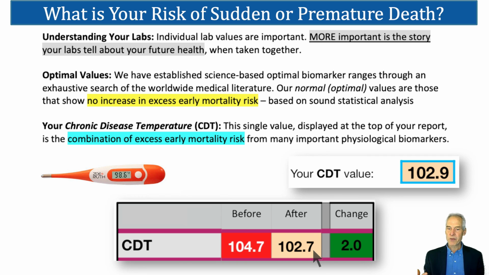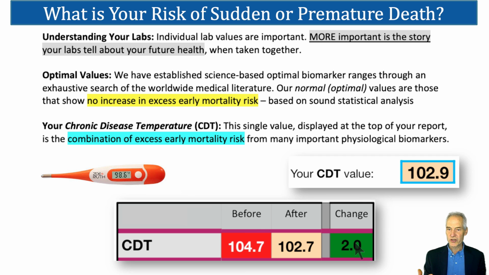Yes, still a high temperature, but we're moving in the right direction. We saw a 2-degree change. So this person physiologically, from a chronic perspective, is getting healthier, and the risk of dying young is being reduced. Their opportunity for a longer health span has improved greatly by going from 104.7 to 102.7.